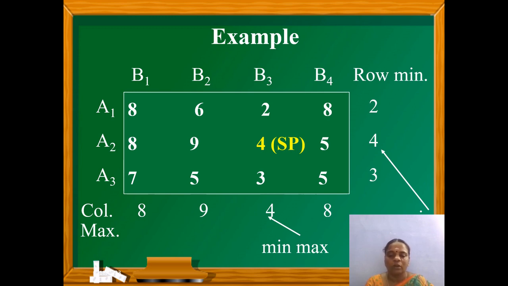In column maxima, we select the minimum value. So in column maxima, the minimum value is 4. So the corresponding value 4 is the saddle point of this game. That is, the value of this game is 4 and this corresponds to A2 and B3. So player A's strategy is A2, player B's strategy is B3.